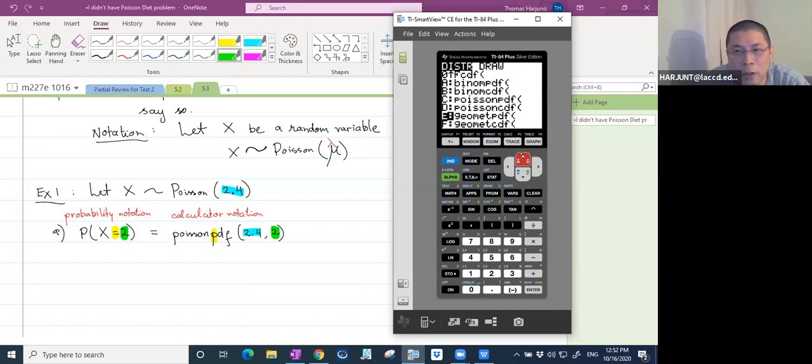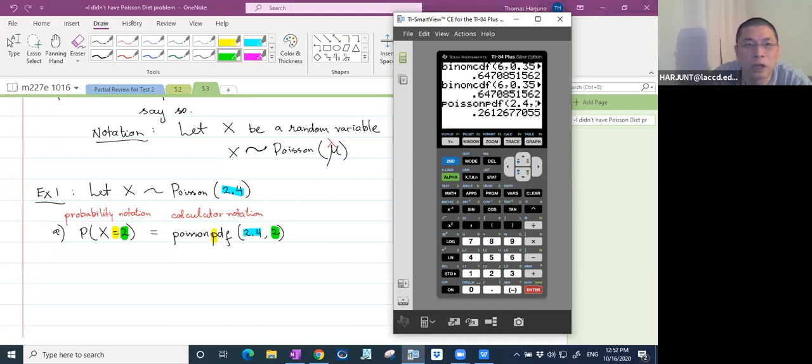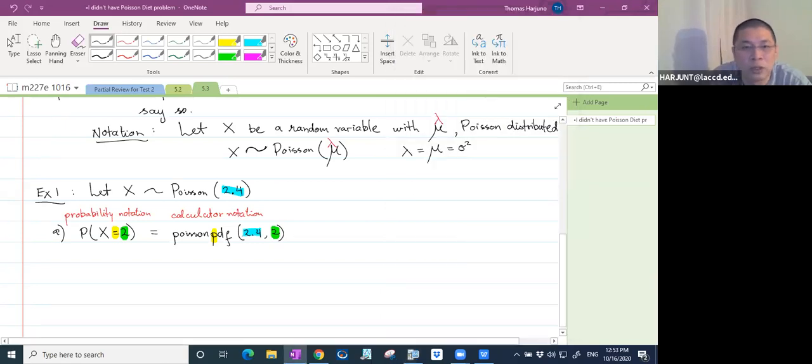Okay, here, because that's an equal sign, I use Poisson PDF. The lambda is 2.4. The X value is 2. That's the calculator notation, and you get 0.26126, actually, rounding, that will be 0.26127.